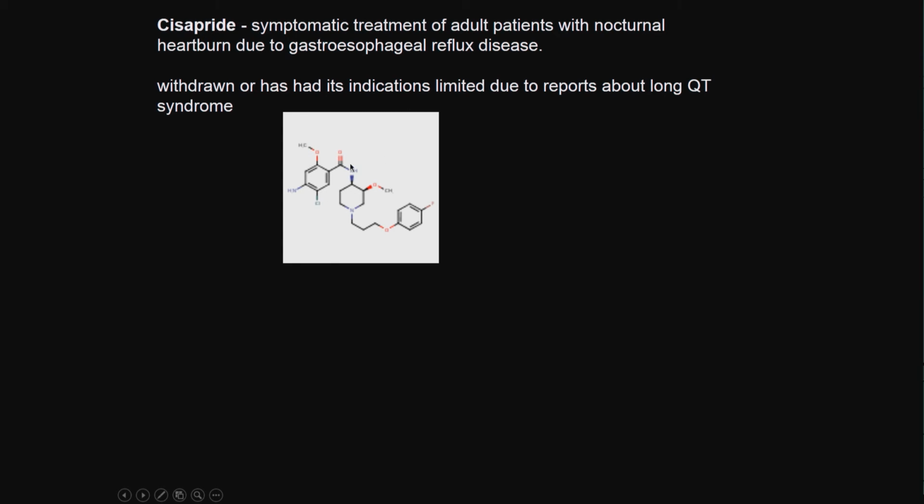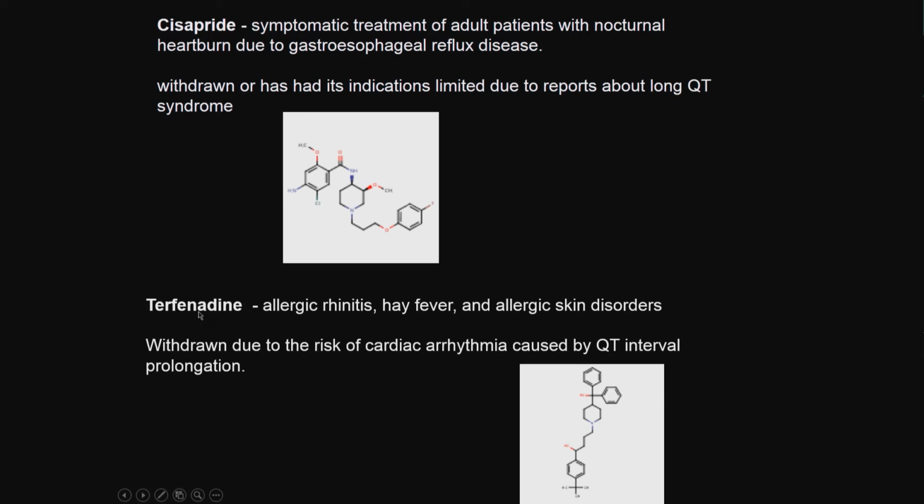Look at this drug, indicated for symptomatic treatment of adult patients with nocturnal heartburn due to gastroesophageal reflux disease. As you can see, sometimes acid reflux comes in, then it can lead to heartburn. This drug was withdrawn or had its indication limited due to reports of long QT syndrome. So this drug elongates the QT time period. Another drug, terfenadine, used for allergic rhinitis, hay fever, allergic skin disorders, was withdrawn due to the risk of cardiac arrhythmia caused by QT interval prolongation.